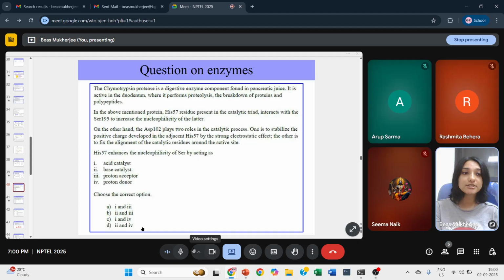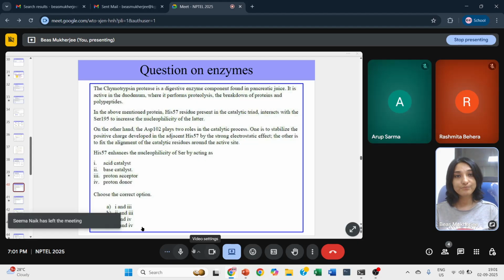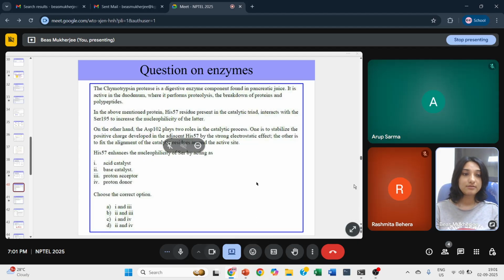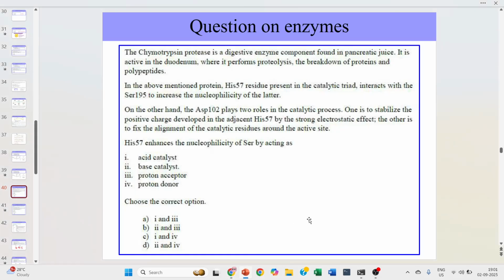You can try answering this question in the chat box. So histidine is going to act as what? Base catalyst and proton acceptor.